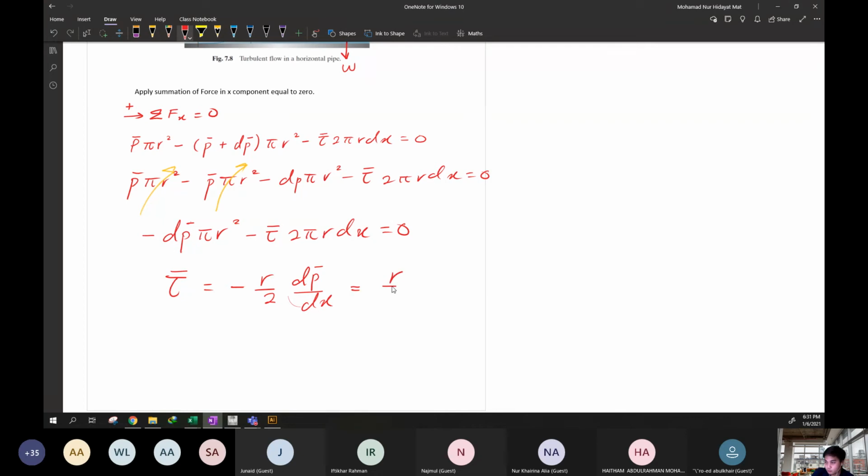So r over 2 can be replaced with delta P over L, because the negative already indicates the drop. So this is for the turbulent flow.